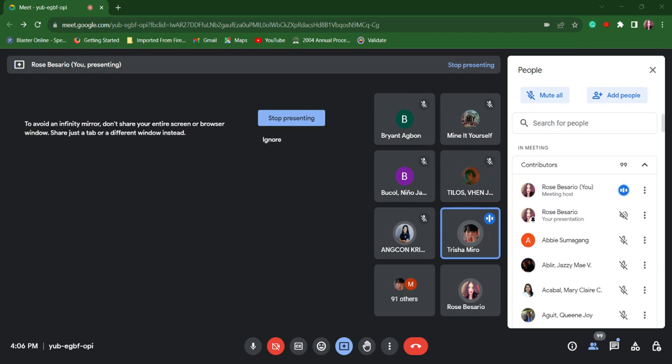So, how do we compute? That is 600,000 times 8% times 4 divided by 12. So, that is equal to how much? 16,000.